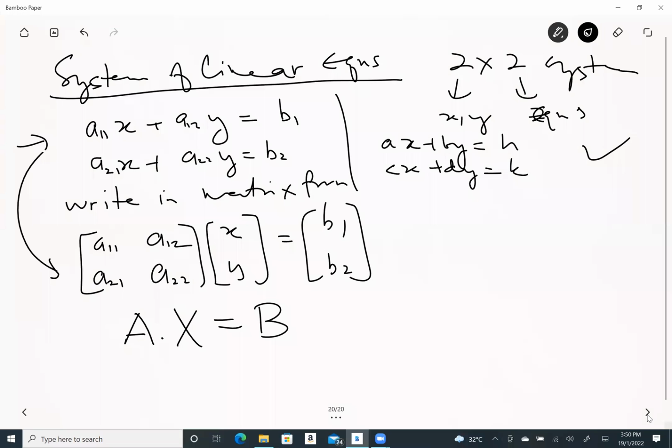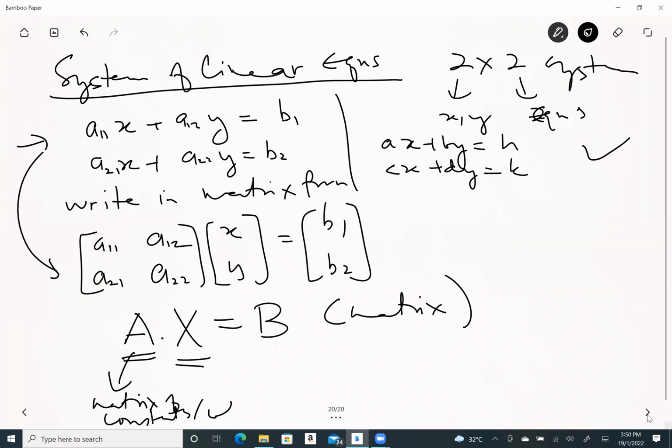Now, this is matrix form. We use capital letter, okay? This capital X to indicate the matrix of the variables. This capital A to indicate the matrix of the coefficient. So here you have a matrix of constants or coefficient.